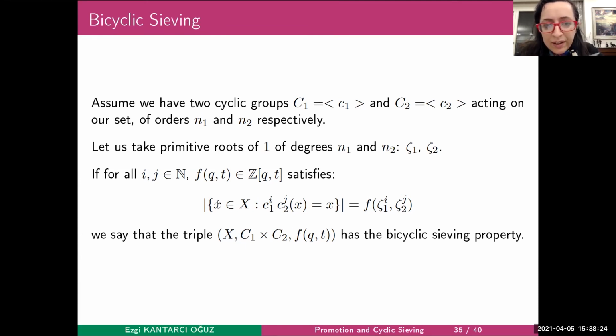If we can find a polynomial in two variables, q and t, such that if we plug in two roots of unity, we get the points that are fixed by application of these two actions, we say that this triple has the bicyclic sieving property. I guess this will also work better with an example.